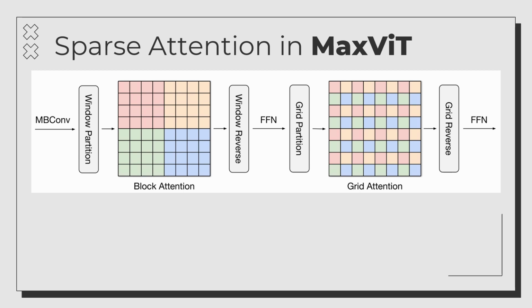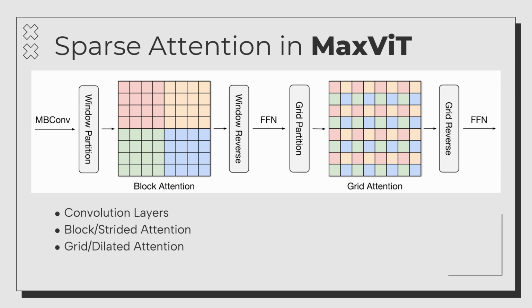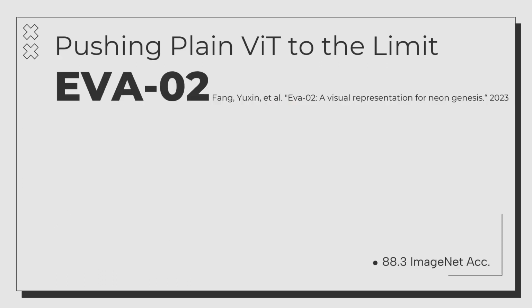MaxViT uses a sparse attention mechanism, which is better for scaling. Since scaling is not something we're focusing on in this competition, we wanted to try something that has true attention. The original vision transformer does have that, but it's from 2020 and it's getting a little outdated. We found that the best plain vision transformer model currently is EVA 2, introduced this year.